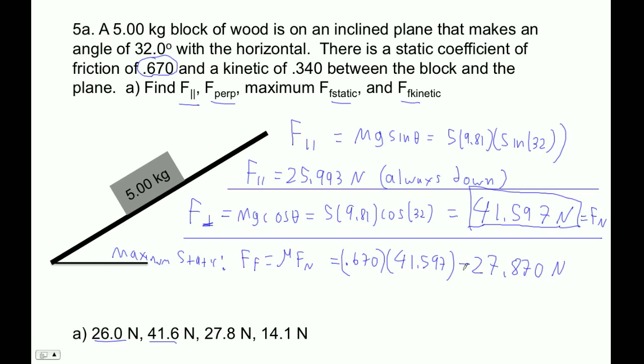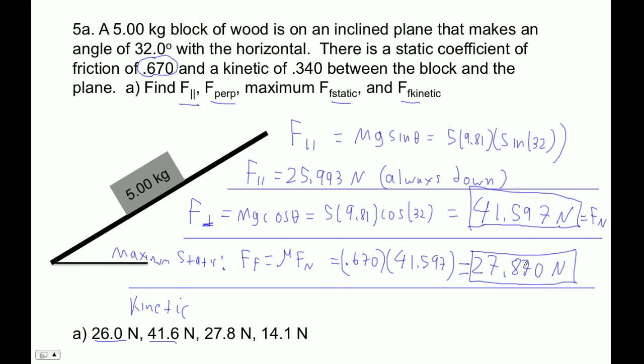Now, that force is simply going to try to make the object sit still on the plane. It's never used in F equals ma, because if it's accelerating or moving, it's not there anymore. That's the kinetic friction. So let's figure out the kinetic friction. 27.87, I would say, is actually 27.9.